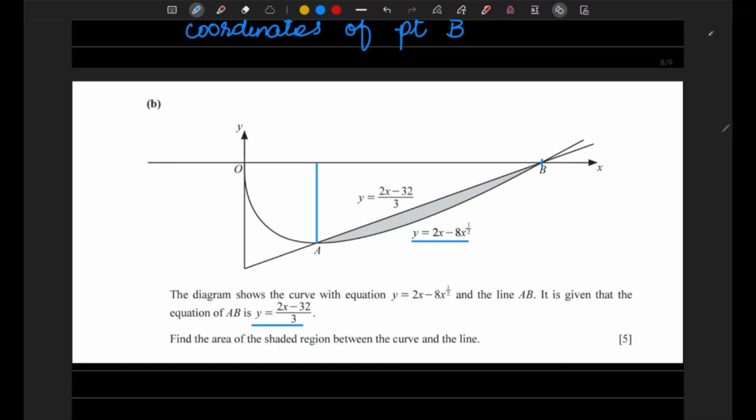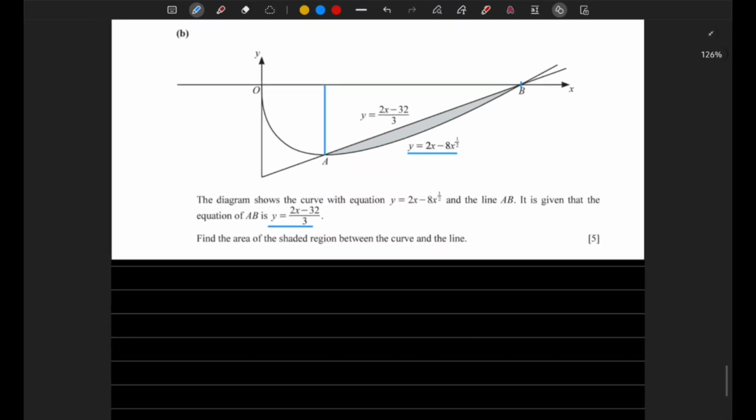We know A's coordinates, we have just found in the previous part that A is 4 comma minus 8 and B is 16 comma 0.